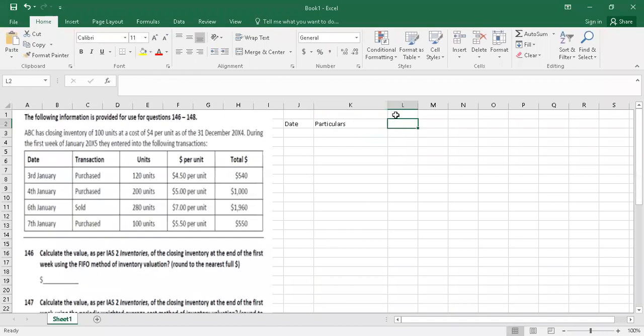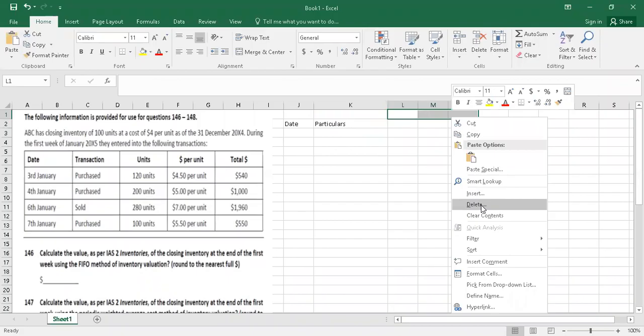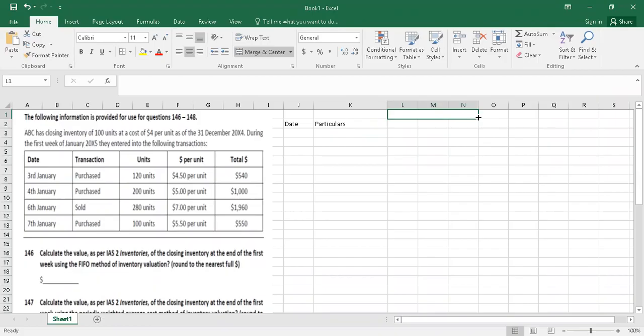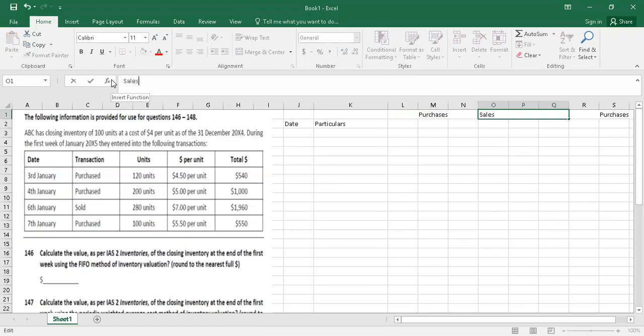Then there is one column to account for the next set would be sales. The next set would be balance.